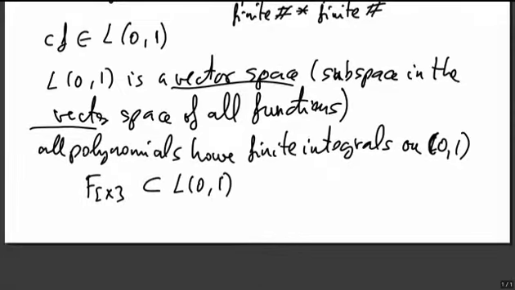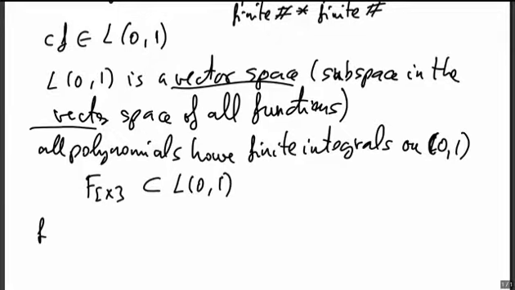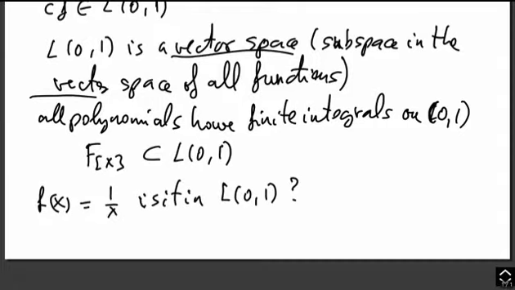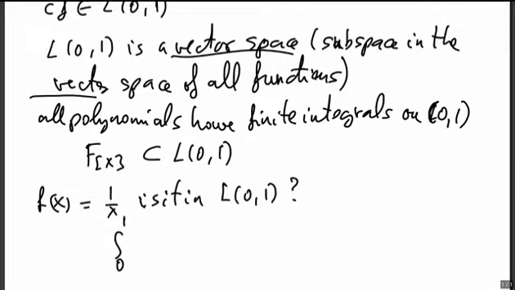So we have function spaces now. If you look at the function, for example, f of x equals 1 over x, and you want to check whether it's in L0, 1 or not, then you have to check this basic property, the integral from 0 to 1 of the absolute value of 1 over x dx.